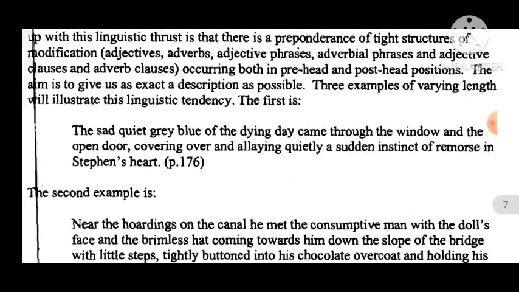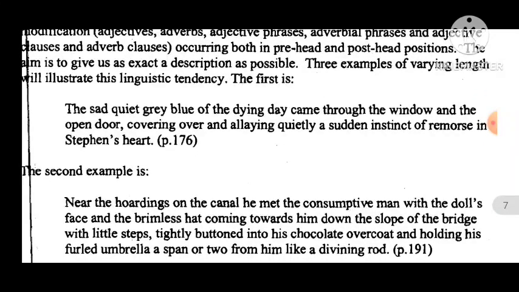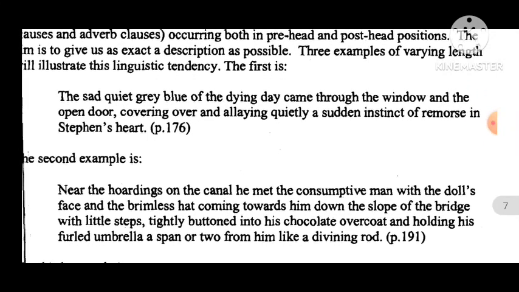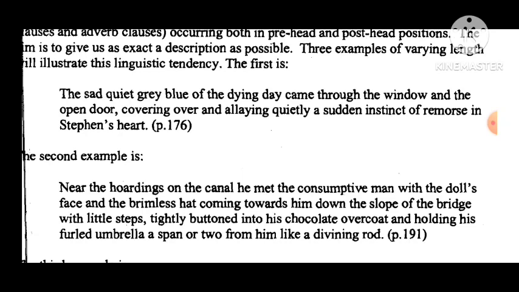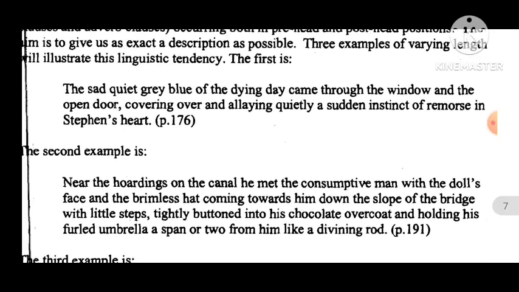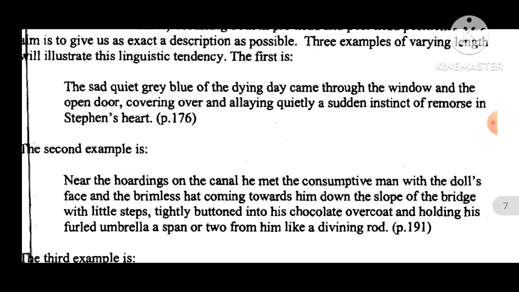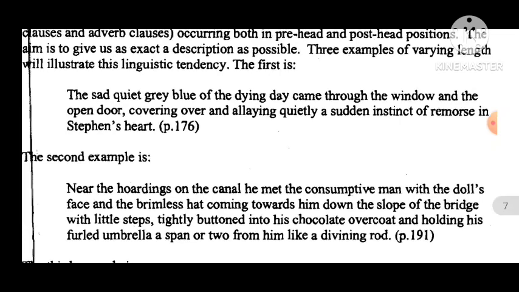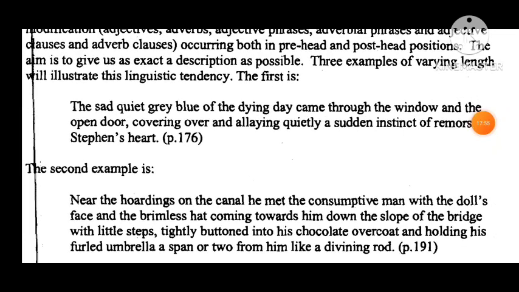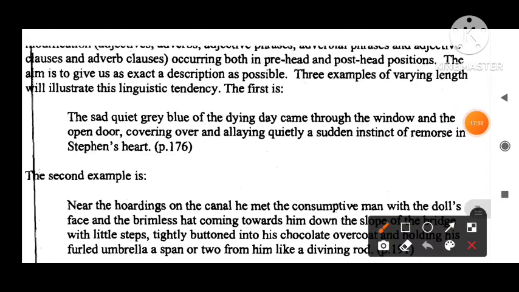Three examples of varying length will illustrate the linguistic tendency. The first is: the sad, quiet grey blue of the dying day came through the window and the open door, covering over and allaying quietly a sudden instinct of remorse in Stephen's heart. That is page 176. Here the dying day is defined by the sad, quiet grey blue.